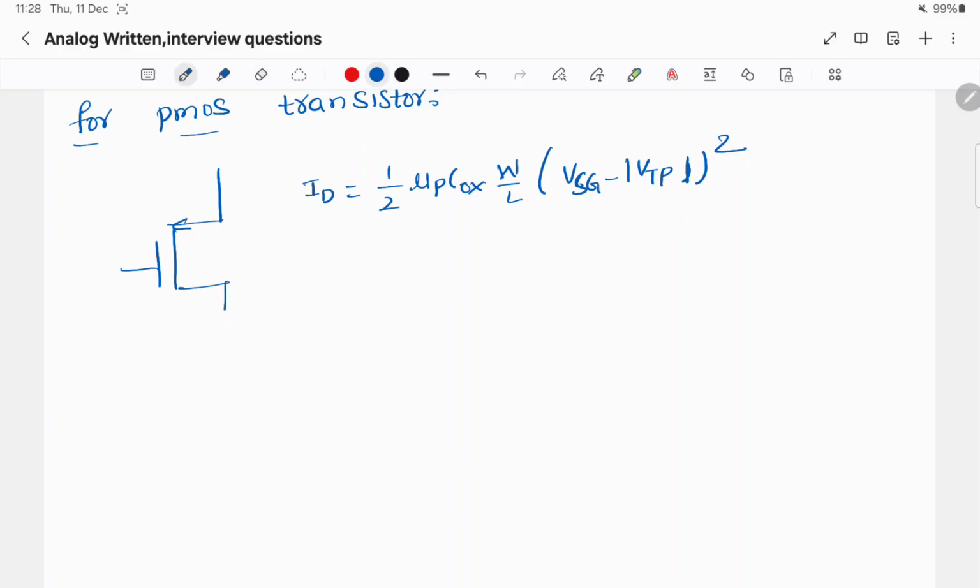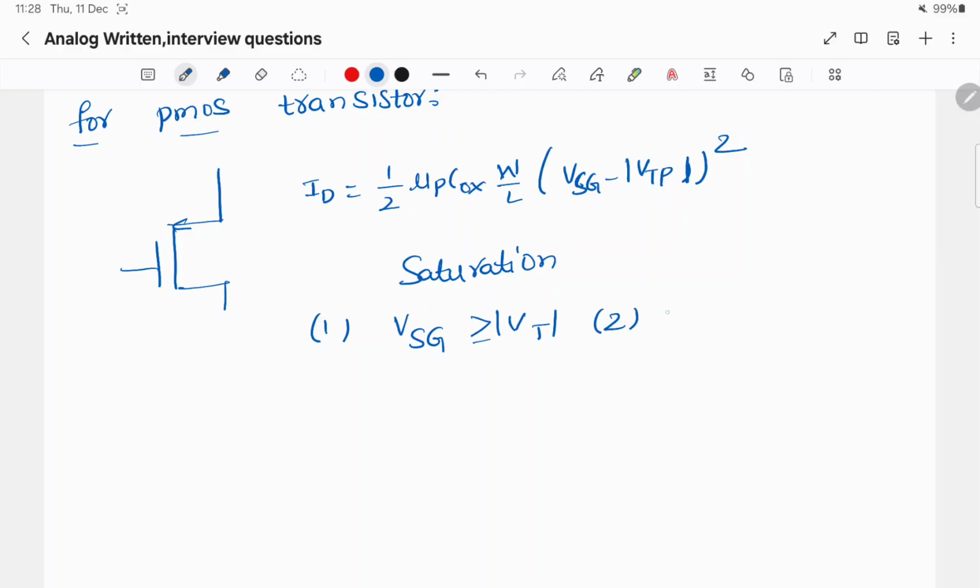This is in saturation, and the conditions are, one is VSG has to be greater than or equal to mod VT.